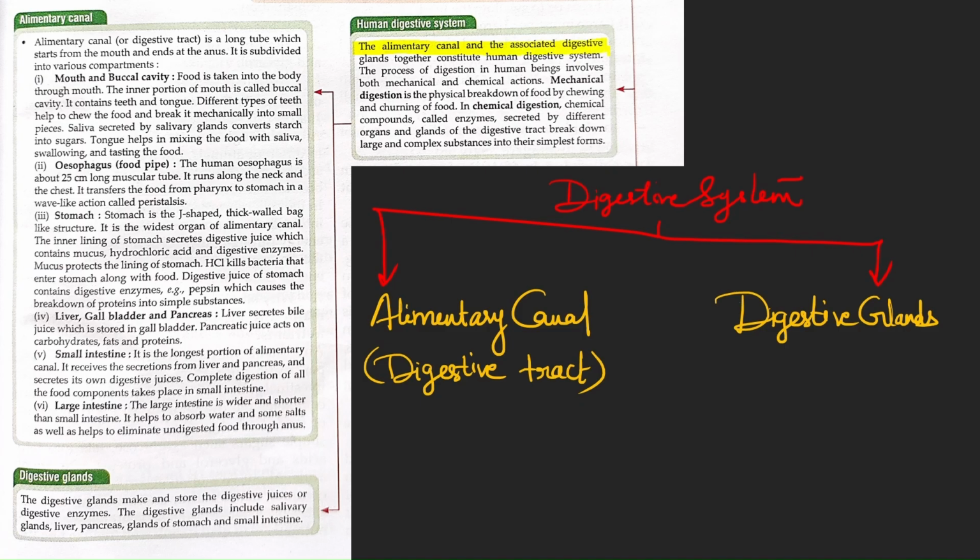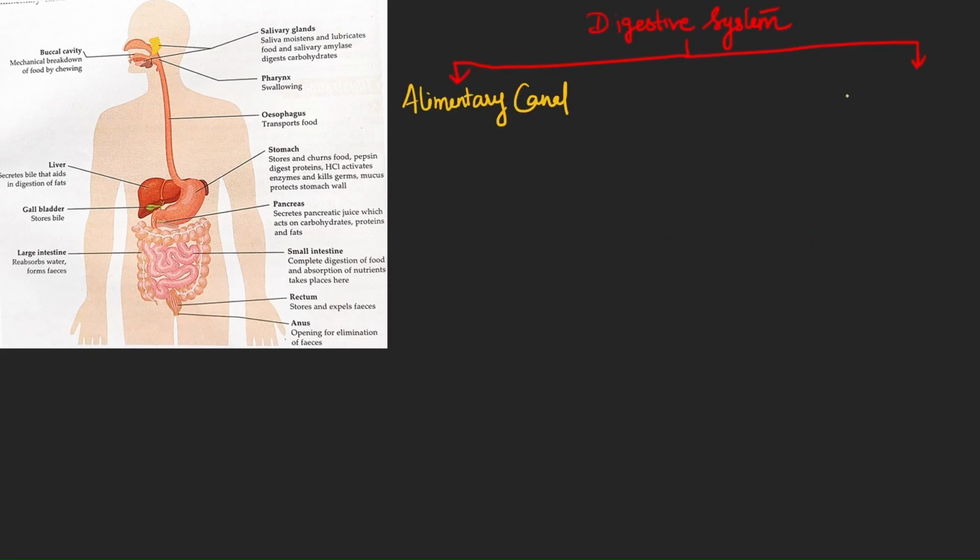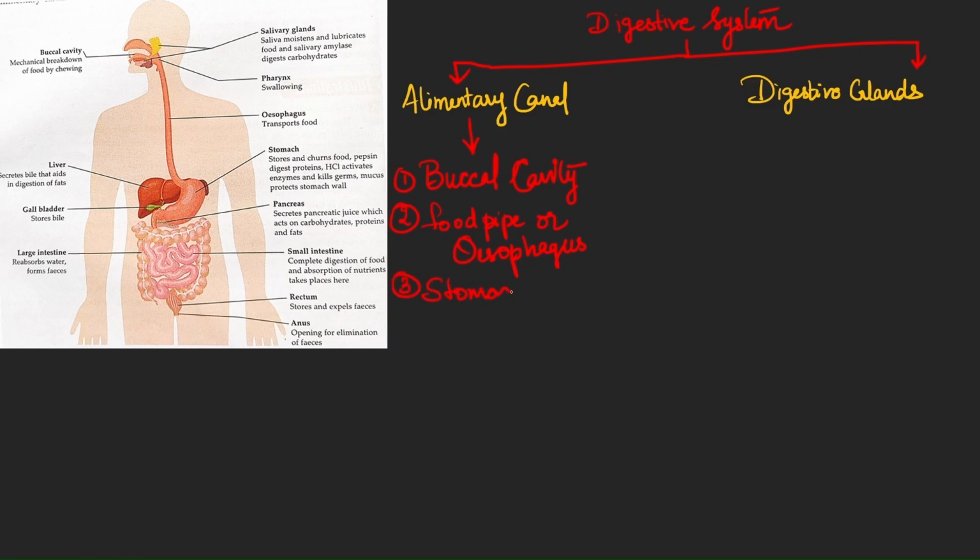The alimentary canal and the associated digestive glands together constitute the human digestive system. The process of digestion in human beings involves both mechanical and chemical action. The alimentary canal consists of the buccal cavity, food pipe or esophagus, stomach, small intestine, large intestine, and sixth, the anus.